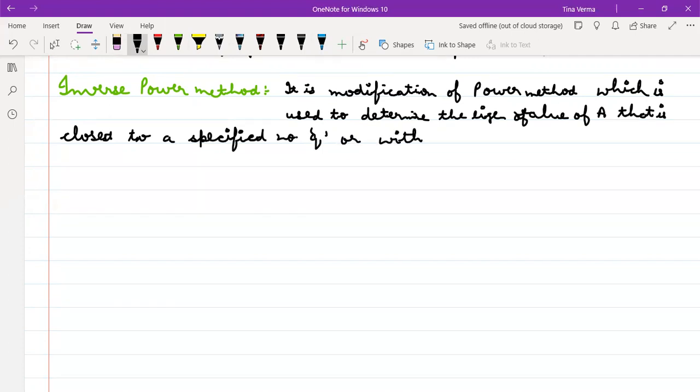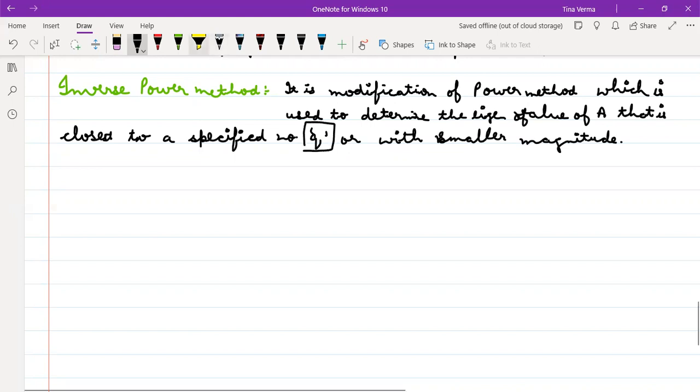That means, as its name indicates, you can find the eigenvalue which is closer to some number q, right? Or you can find the eigenvalue which will be smaller in magnitude, right?